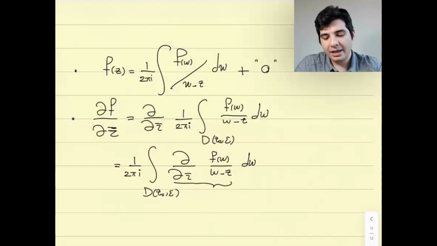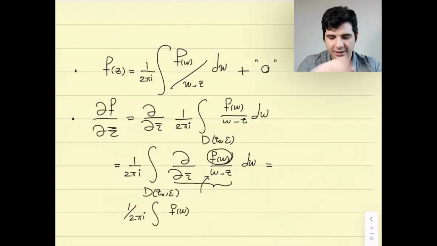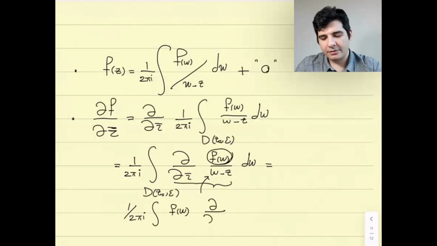That's the case here. Here, f of w is like a constant because it's in terms of w, and also the w here. So they also behave like constants. So this is equal to 1 over 2 pi i integral over this disk. f of w is just a constant coefficient. The derivative with respect to z bar of 1 over w, which is like a constant, minus z dw.